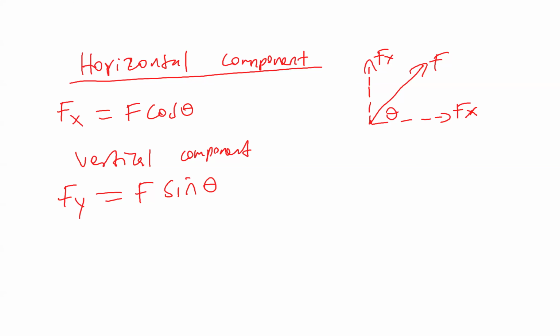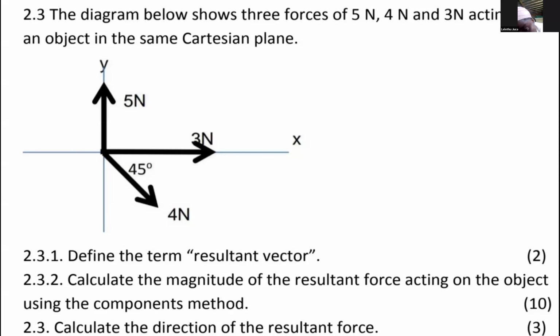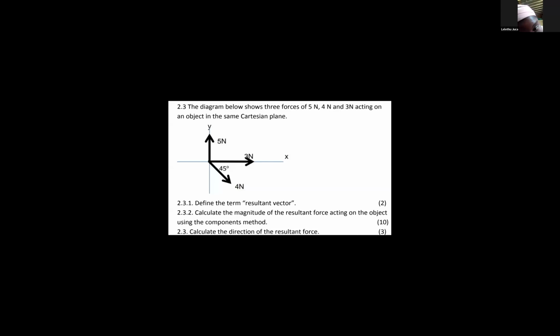Let me bring back the question. Yeah, here is the question. If you check, it's saying that 3 forces, 5, 4, and 3, act on the object in the same Cartesian plane.